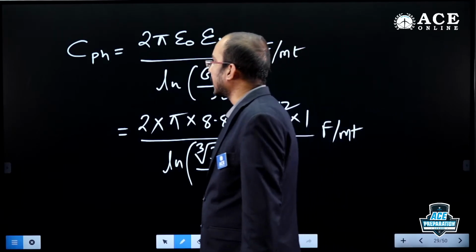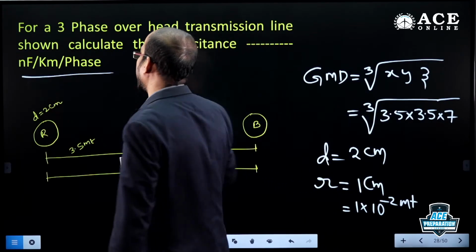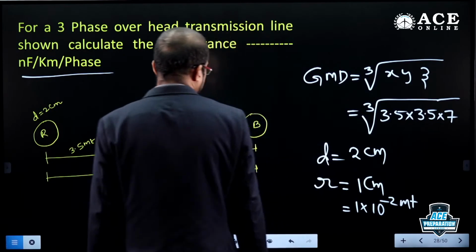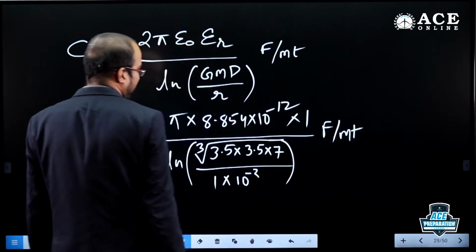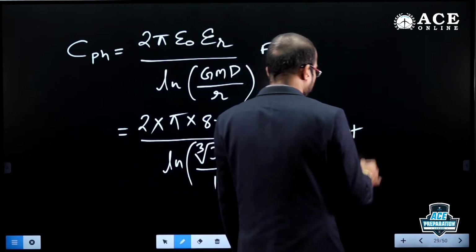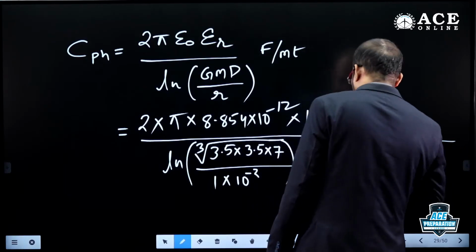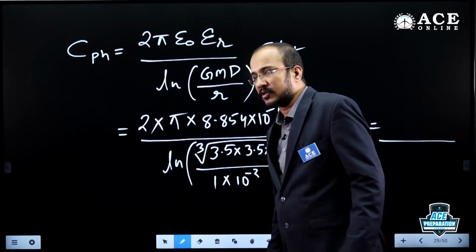But what is the required value here? In nanofarad per kilometer per phase. So represent it in nanofarad per kilometer per phase. So what is its value that you get? Try to calculate and post the answer.